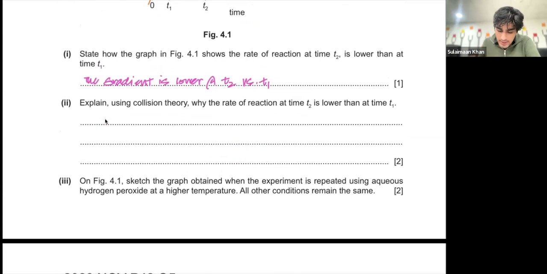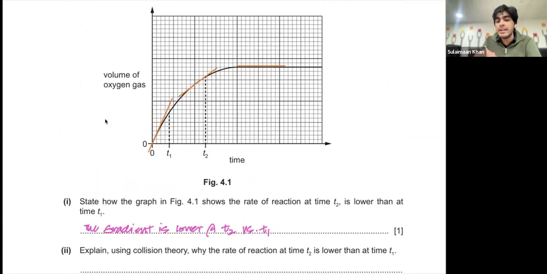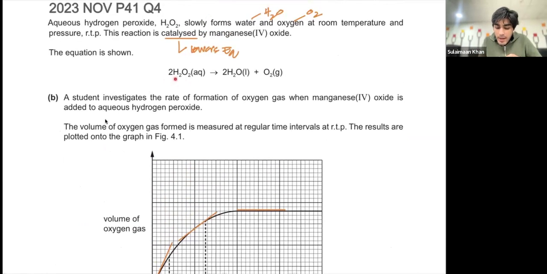Maths. Explain using collision theory why rate of reaction at T2 is lower than at T1. We've already discussed it. Why is it lower at T2 than T1? Because at T2, the reactant particles, the concentration of H2O2 particles, decreases or increases? Are they being used up, or are they being formed?